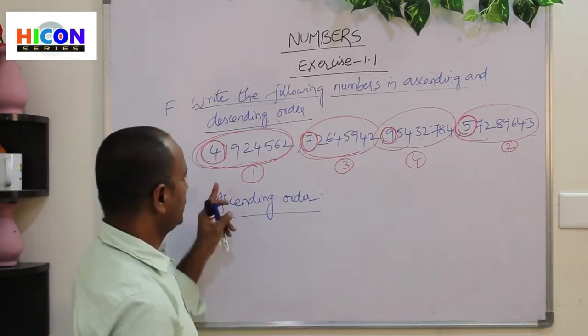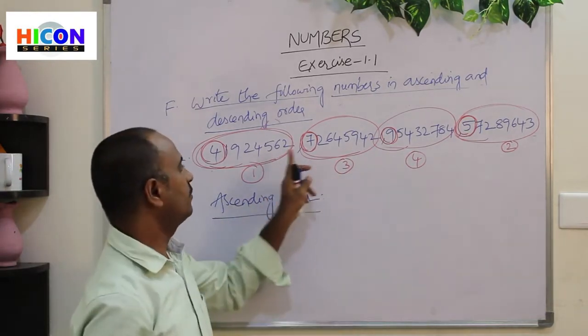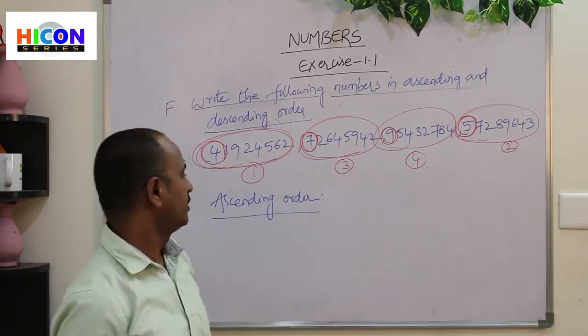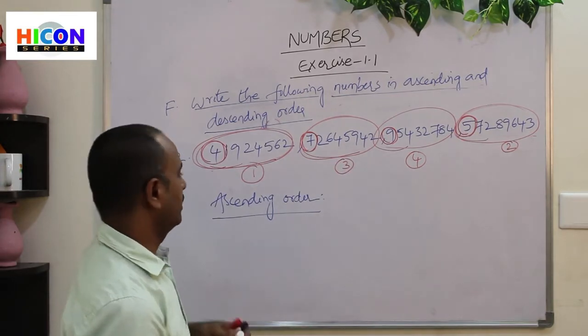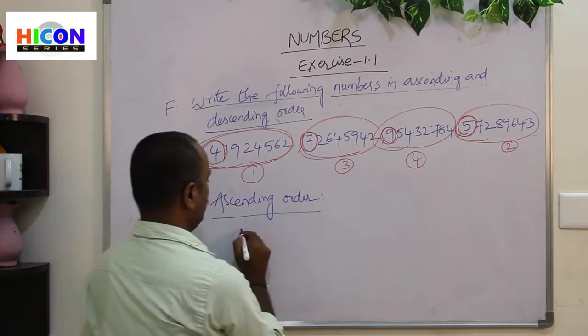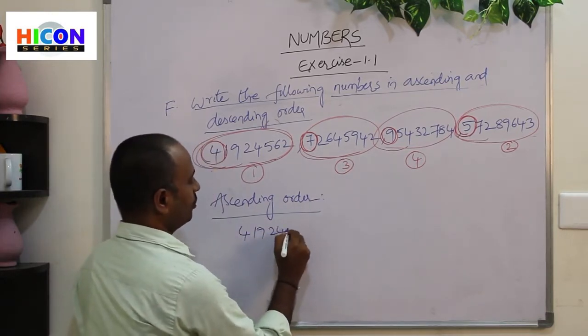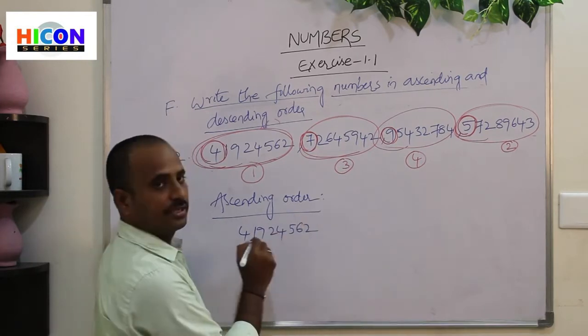So children, see, this is the order in ascending order. Let us write the ascending order. The first smallest number is the first number, that is 4 crores 19 lakhs 24,562.